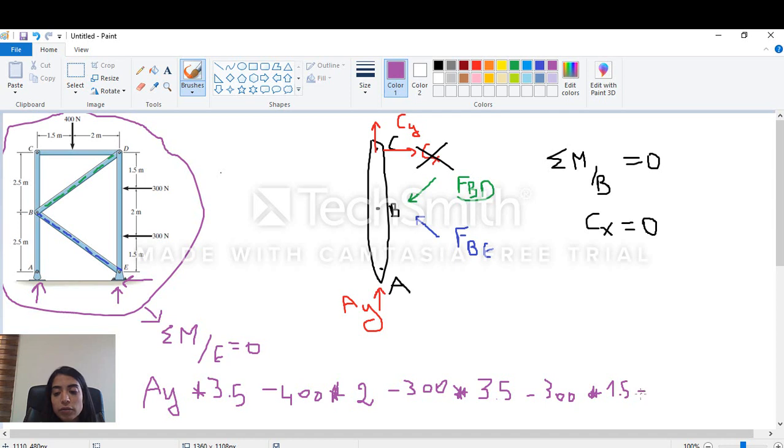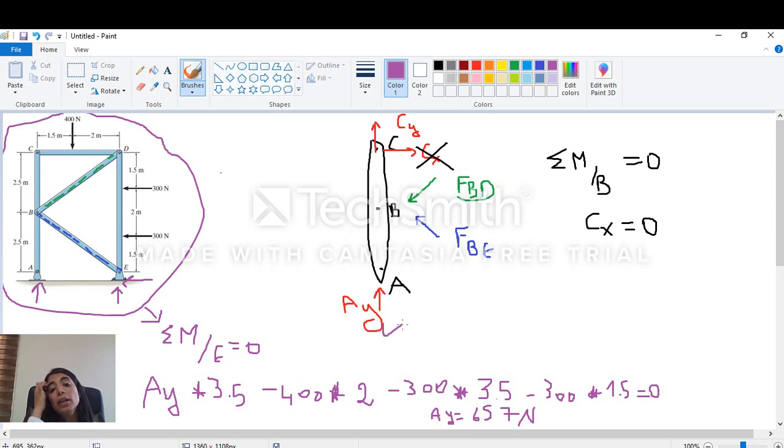And this will be equal to 0. So from this equation, I can find AY, which is about 657, I think, Newton. So here, I know AY.